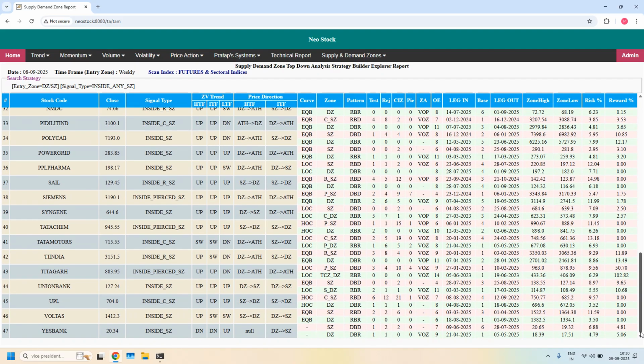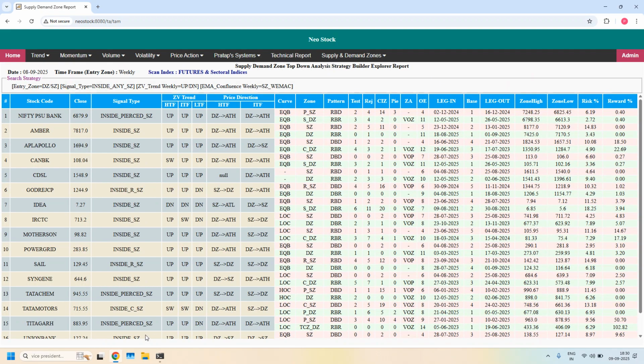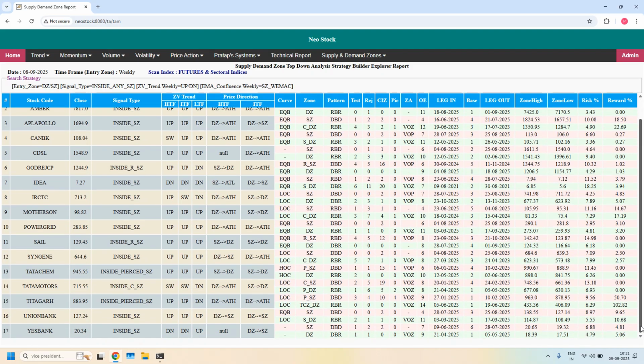We can further filter based on weekly supply zone having weekly EMA confluence, and also the trend on the weekly should not be sideways. Now the list is reduced. First 15 stocks in the list. Scrolling the list down. Total 17 stocks are filtered.